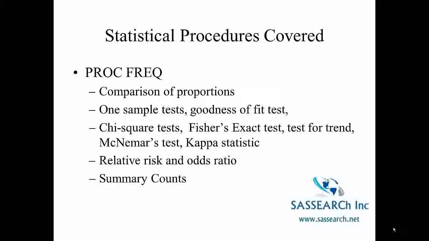With Proc Freq you can do chi-square tests, the Fisher's exact test, a test for trend, McNemar's test, and calculate a kappa statistic. Proc Freq is also used for relative risk and odds ratio calculations, and Proc Freq can be used when you're dealing with summary counts instead of patient-level data.